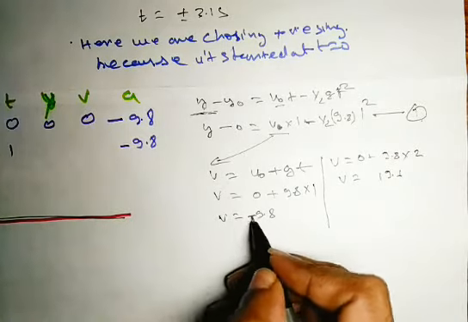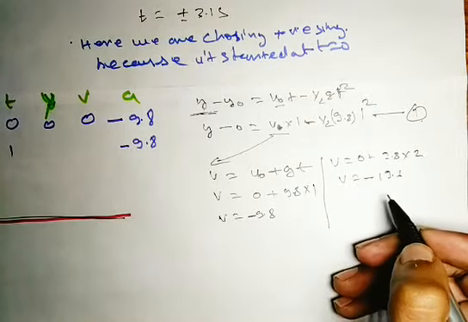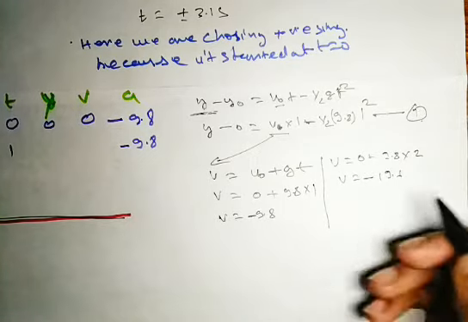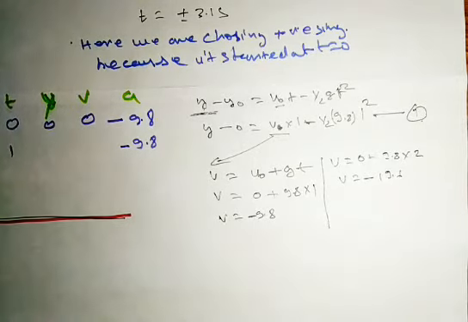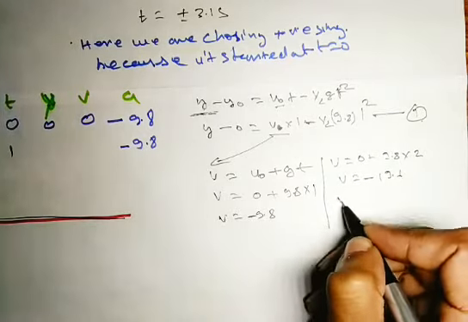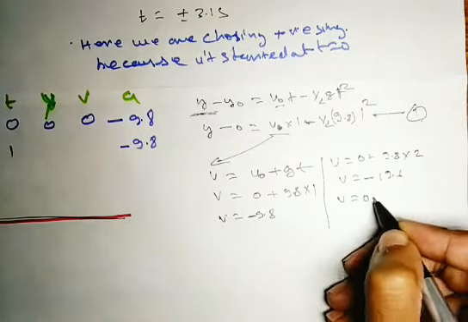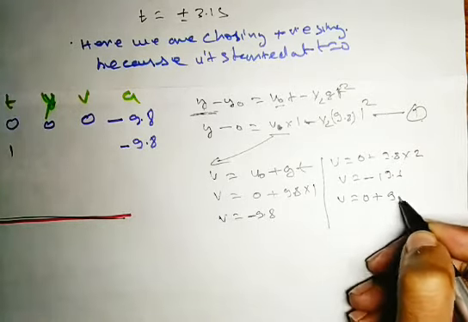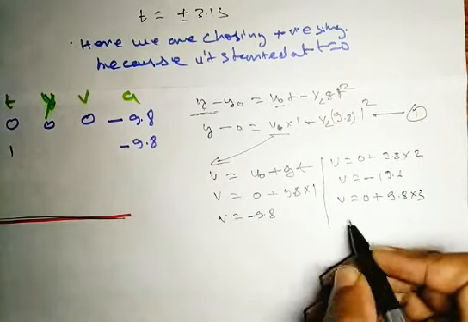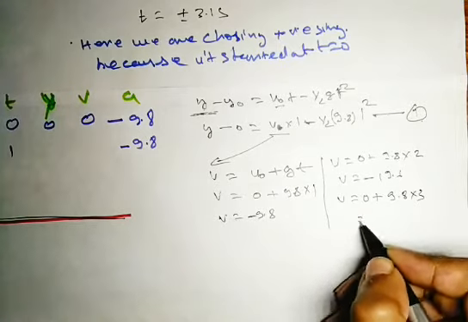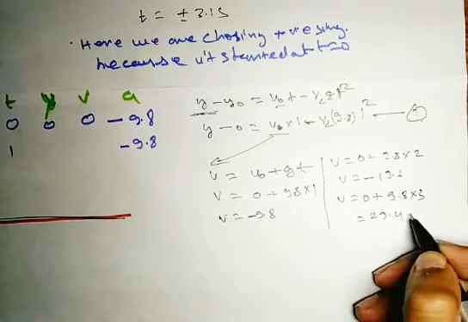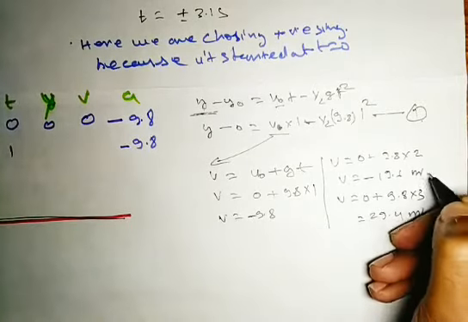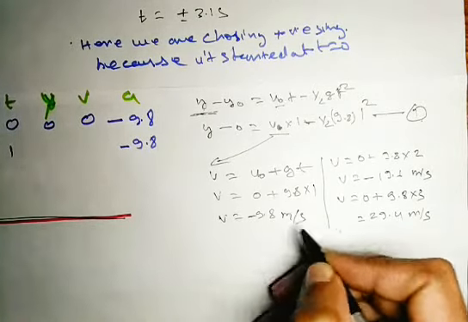Here we are taking negative because the velocity is in the negative direction. And at t equal to 3, 9.8 into 3 equal to 29.4 meter per second.